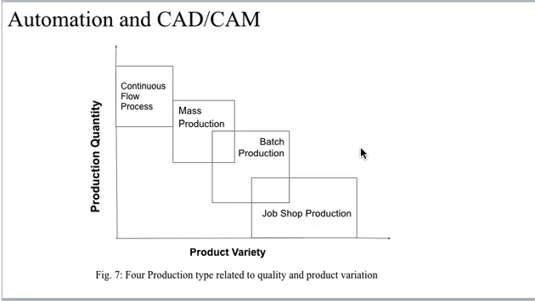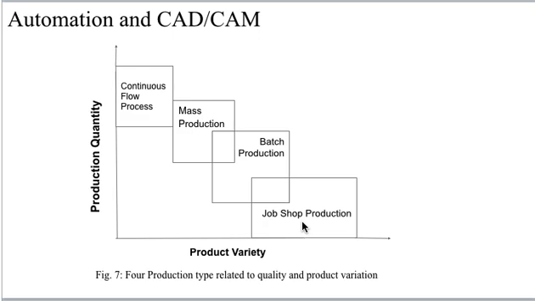There are differences in the way the product cycle is implemented for different firms involved in production. The production activity can be divided into four main categories: first, continuous flow process; mass production of discrete products; batch production; and last, job shop production.